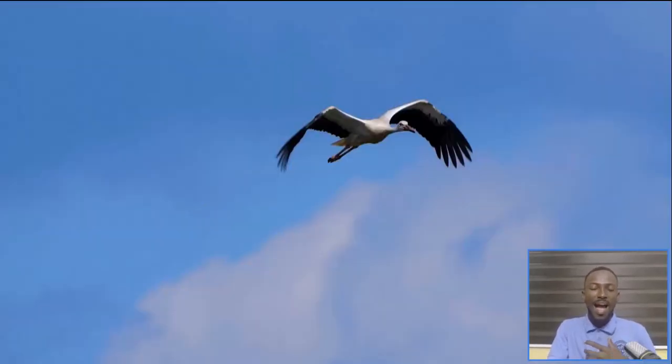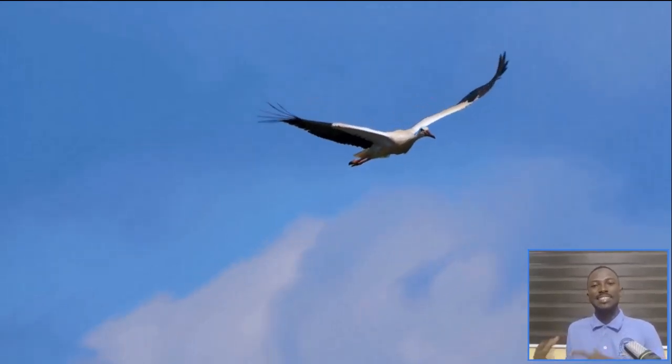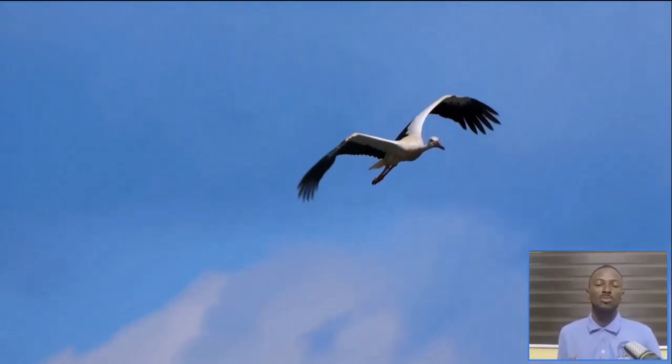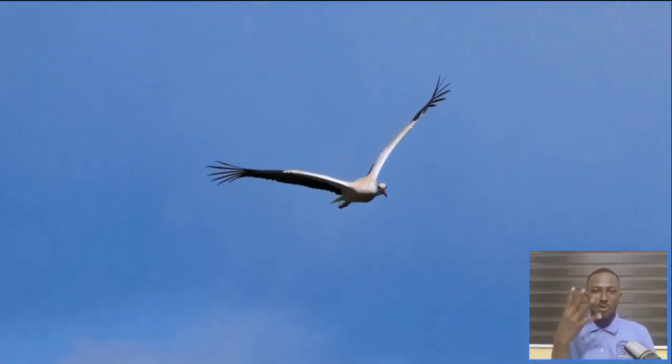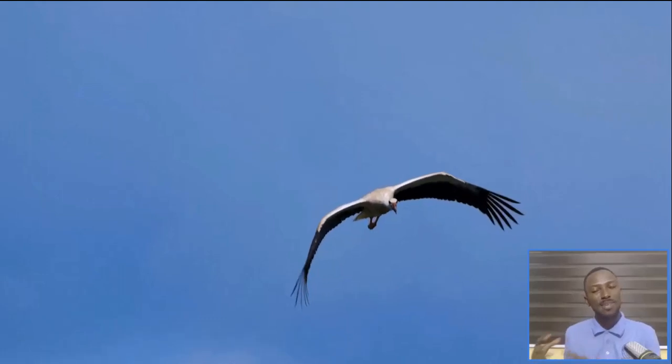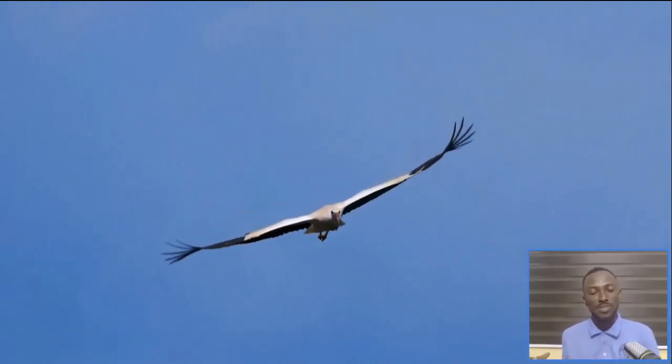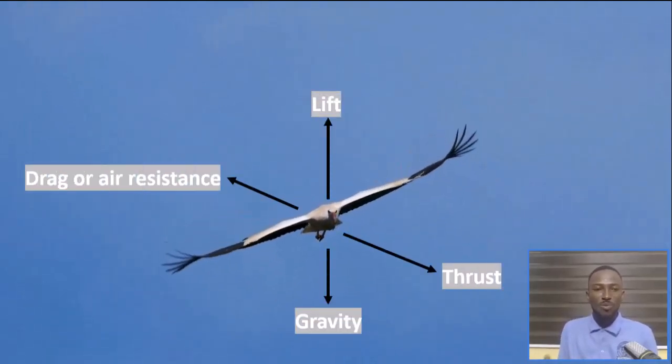Now, there are other types of forces that exist in nature on objects that are moving. For example, a bird. As a bird flies, there are 4 types of forces acting on it. What are those types of forces? Let's look at them. We have drag or air resistance, gravity, lift, and thrust. Out of these 4 forces, 2 of them are natural forces, and the other 2 are forces generated by the bird itself.